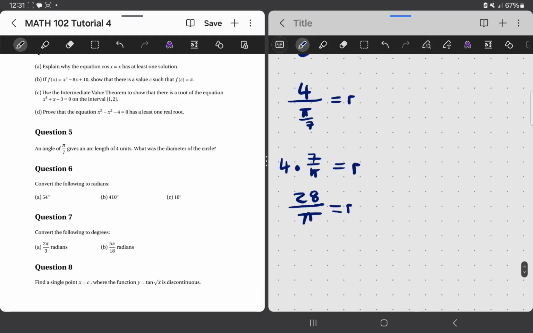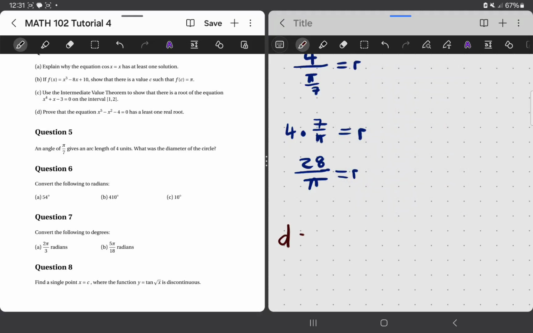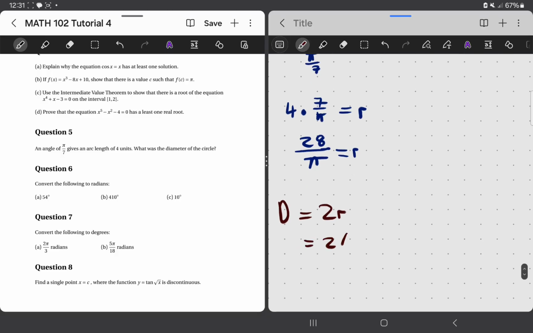So your radius is 28 over pi, which you can get in a more exact way if you want. We can say 28 divided by pi, but I would rather change it to a better form when we get to the diameter. So diameter is equal to 2r. Diameter, we can put a capital D, is equal to 2r, which is 2 multiplying 28 over pi.